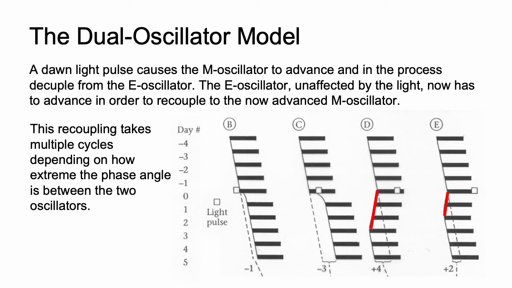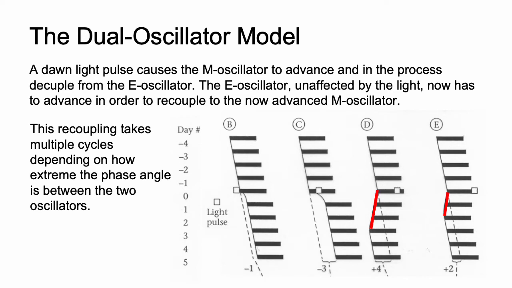Alternatively, a dawn light pulse causes the M oscillator to advance, and in the process, because of that advancement, it actually undergoes a temporary decoupling from the E oscillator. Now, the E oscillator, which is unaffected by that light pulse because it happened too late, now has to advance in order to recouple to the now advanced M oscillator. And so this recoupling takes multiple cycles. It takes a little bit.